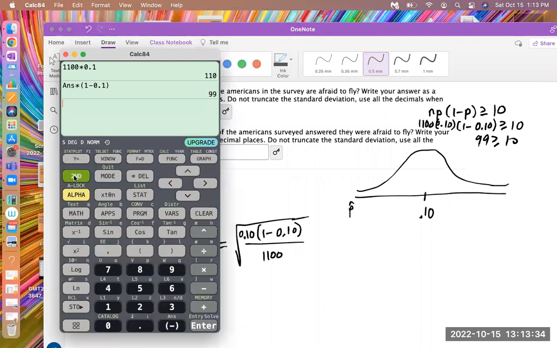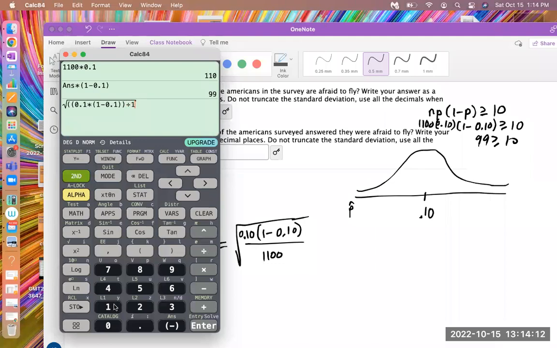Sometimes I do this in pieces: I do just the numerator, find a number, then the denominator, then divide, and then take the square root of everything. But sometimes I forget to do the square root, so I like to do that first. So second x squared gives me the square root symbol. Then I put in parentheses so I know it is the numerator of everything, and a second set of parentheses so that everything is behind this square root symbol. 0.1 times 1 minus 0.1, which is 0.9, all in parentheses, that's the numerator.